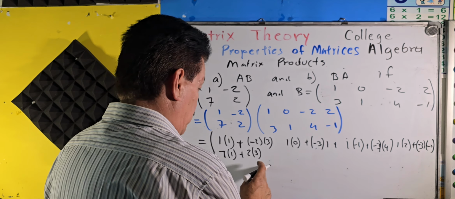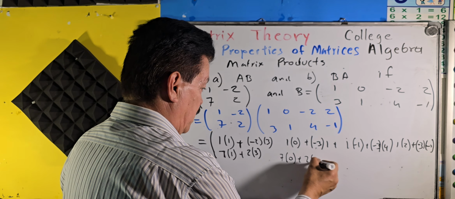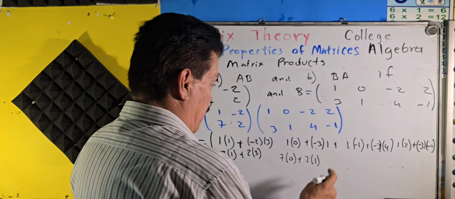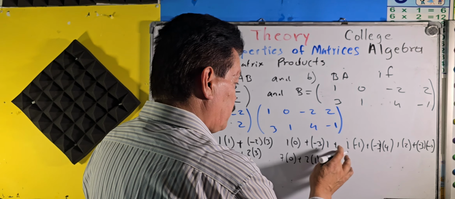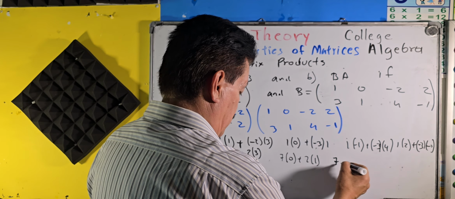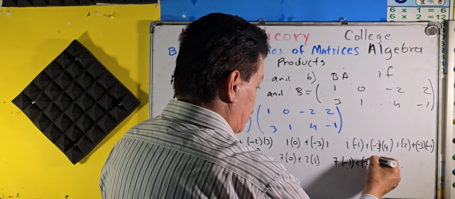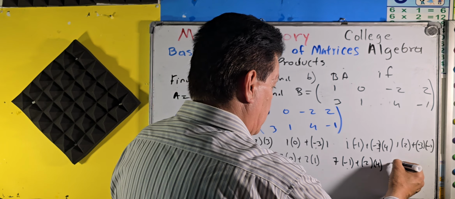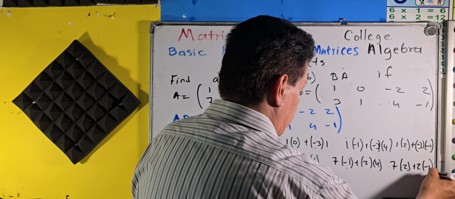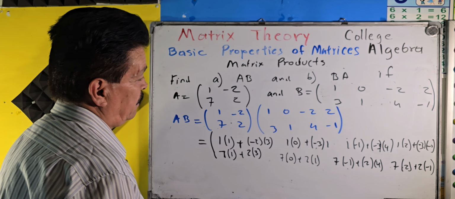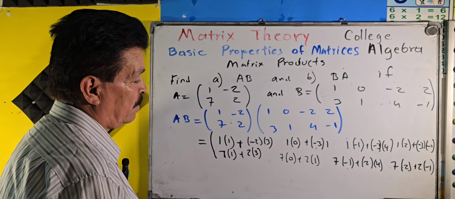In the bottom, 7 times 0 plus 2 times 1. Now 7 times negative 1 plus 2 times 4, plus 7 times 2 plus 2 times negative 1.